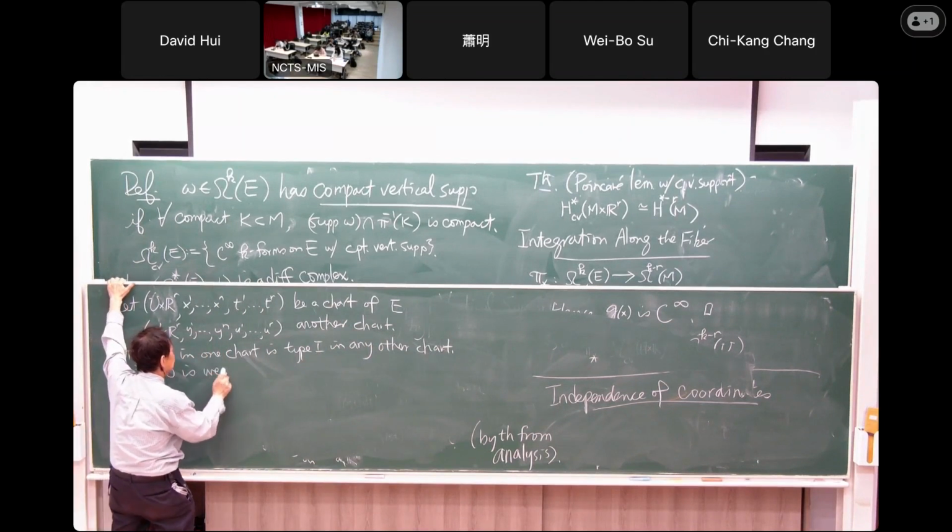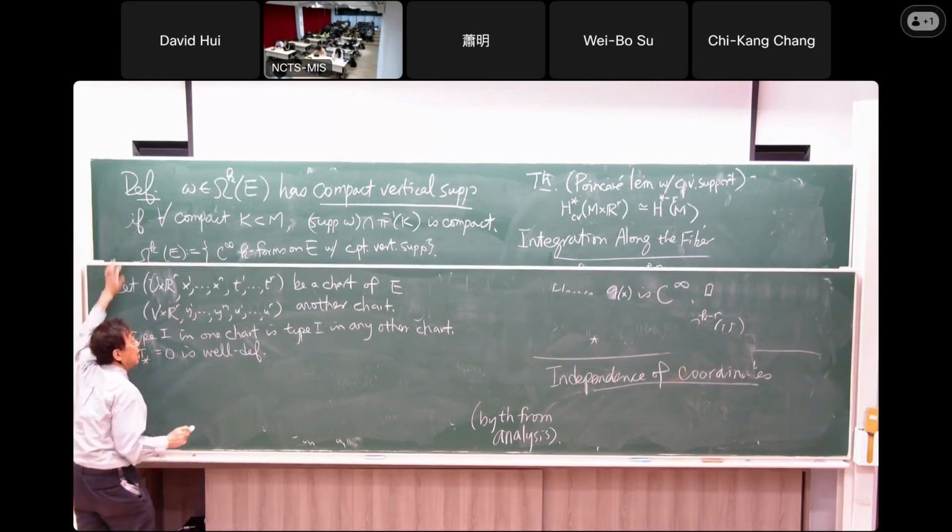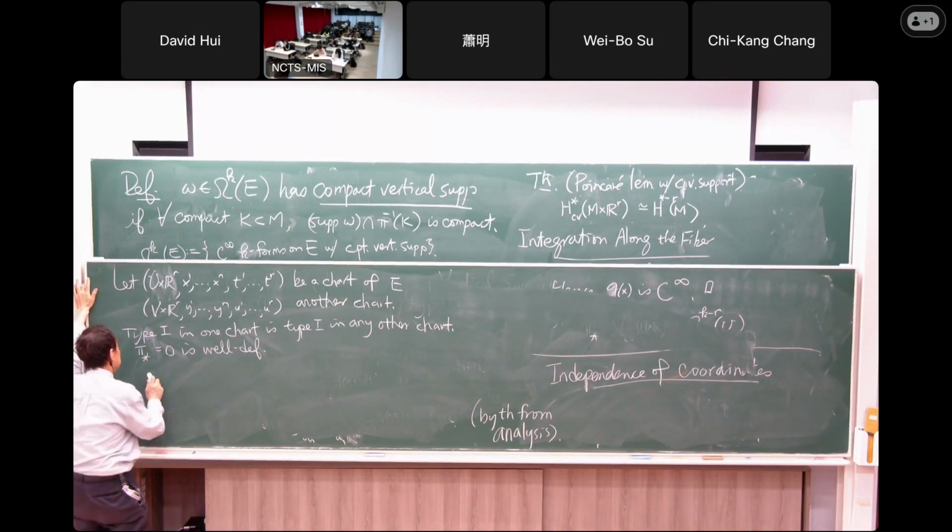So that's well defined. And now let's look at type 2. So let's say you have a type 2 in the second chart.